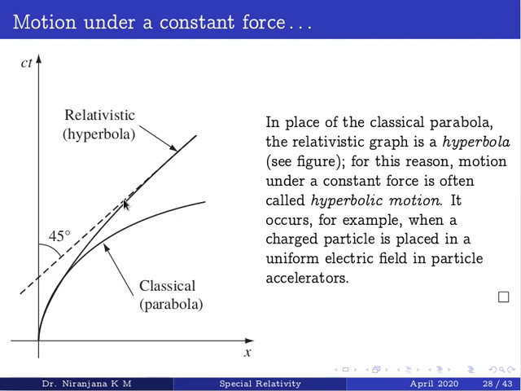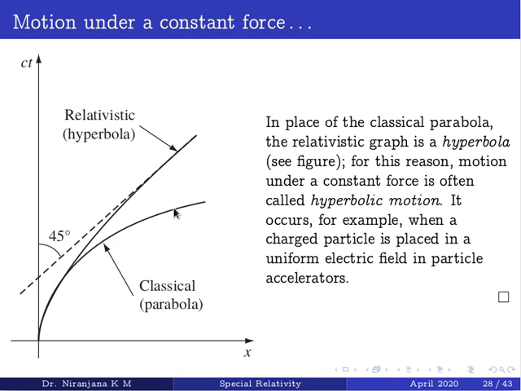So this dashed line is the world line of light, and you can see it is at 45 degrees, and the slope is 1, and this relativistic hyperbola will asymptotically approach it in such a way that the slope of this curve at any given point will tend to the slope of the world line of a photon.